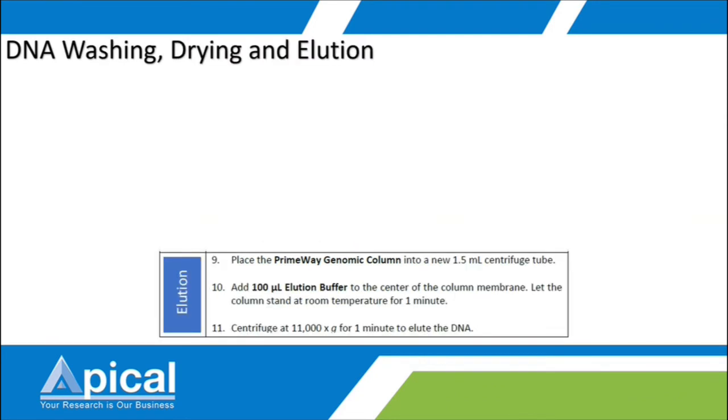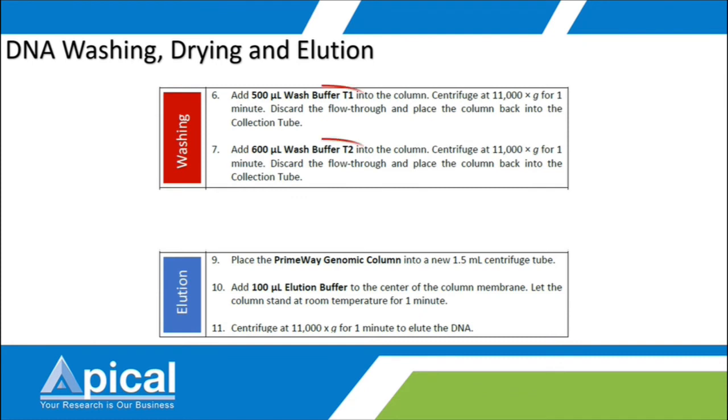Okay, so for washing steps, usually the washing steps generally contain alcohol in order to remove protein, salt, and other contaminants from the sample. Some kits only use one washing step with ethanol, because ethanol allows the salt to dissolve while minimizing DNA solubility.